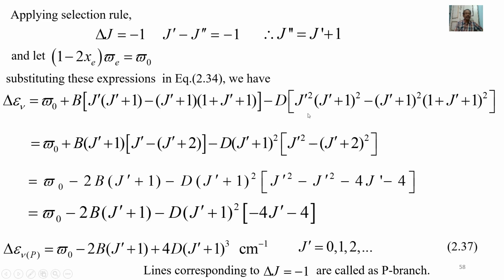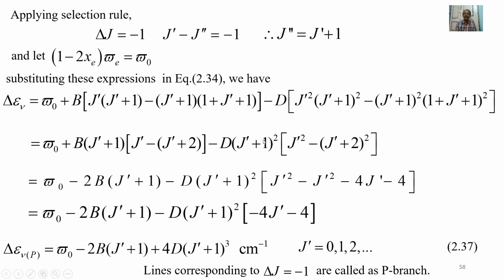Now we can pull J prime plus 1 out. You can just pull J prime plus 1 common in this term. So the remaining term will be J prime, and 1 plus 1 is nothing but 2, so plus 2. And here you can pull D times J prime plus 1 whole squared out as common.